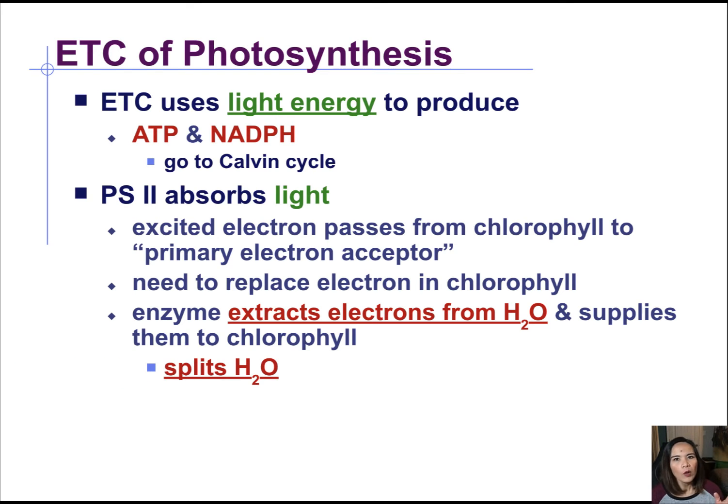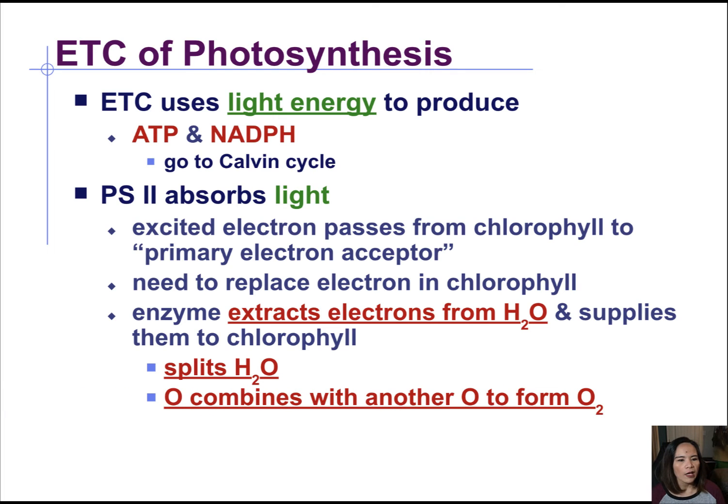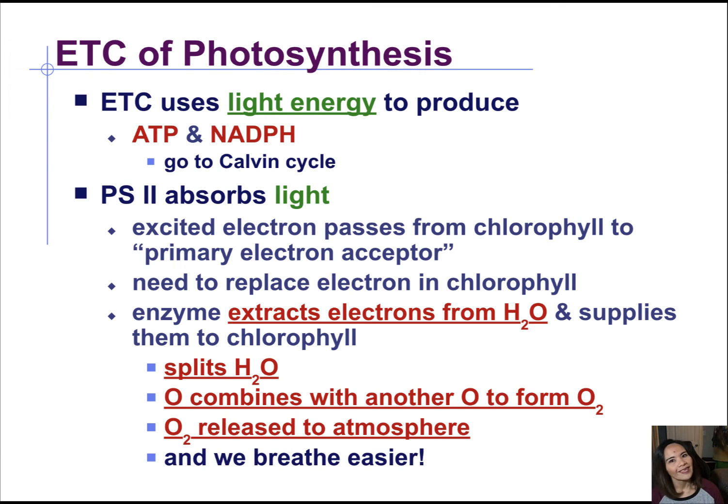It then splits the water, and the oxygen atoms combine to form oxygen. That oxygen is released out into the atmosphere. That's why we get oxygen from the plants.